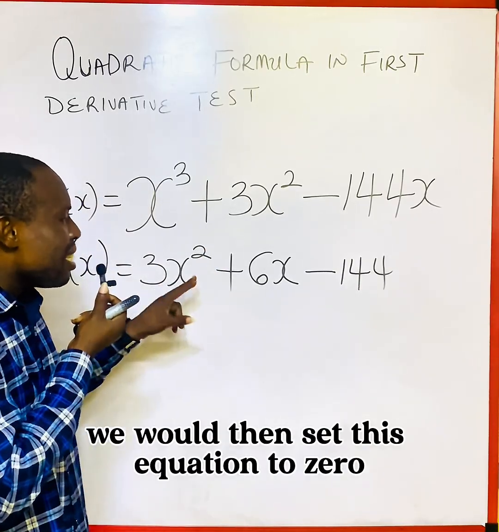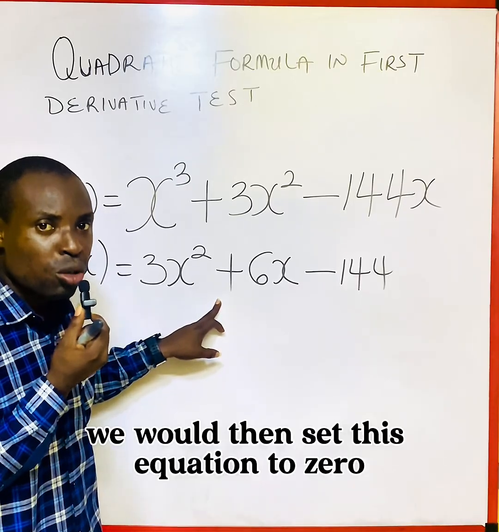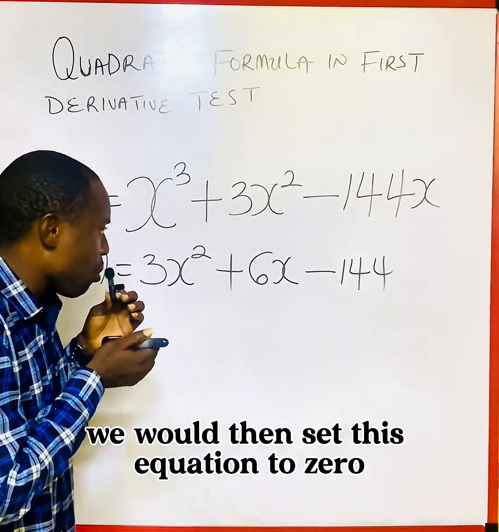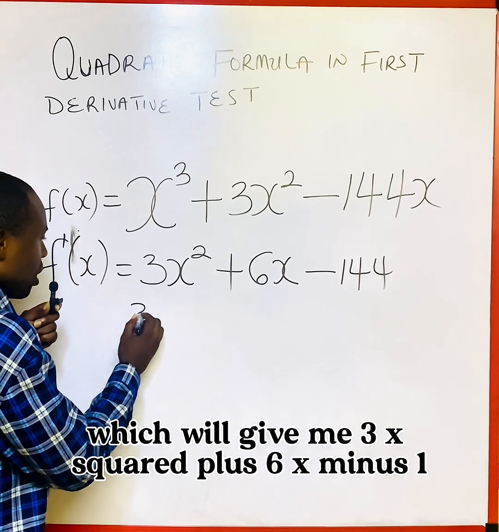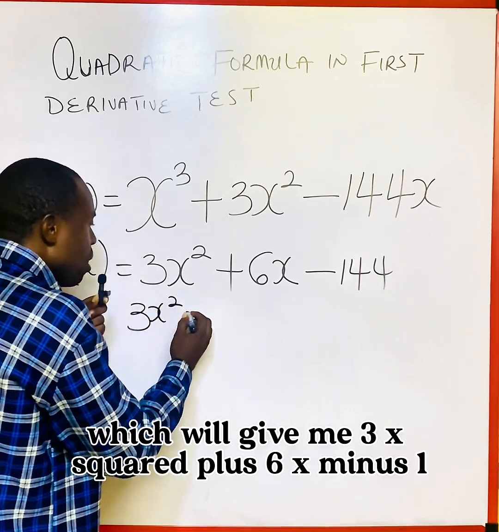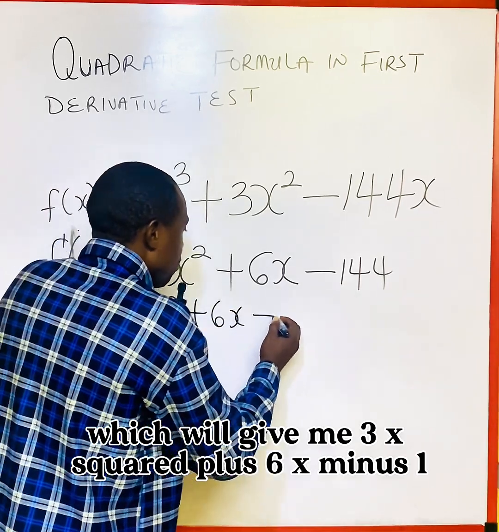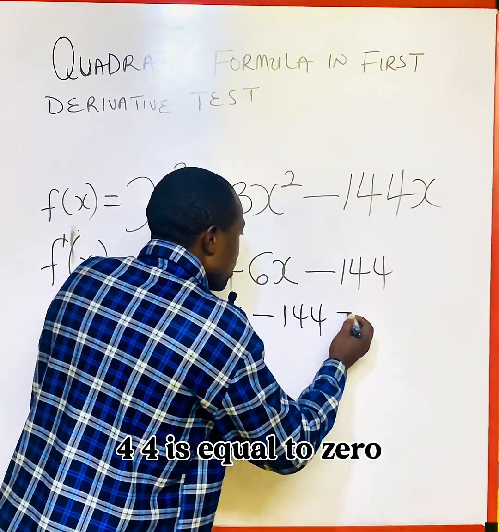We will then set this equation to 0, which will give me 3x squared plus 6x minus 144 is equal to 0.